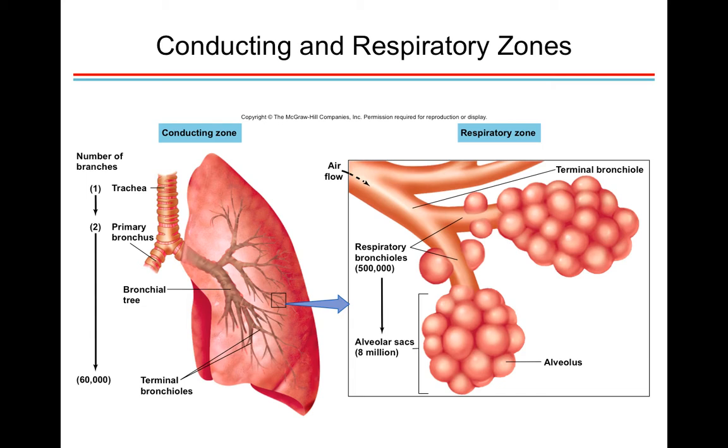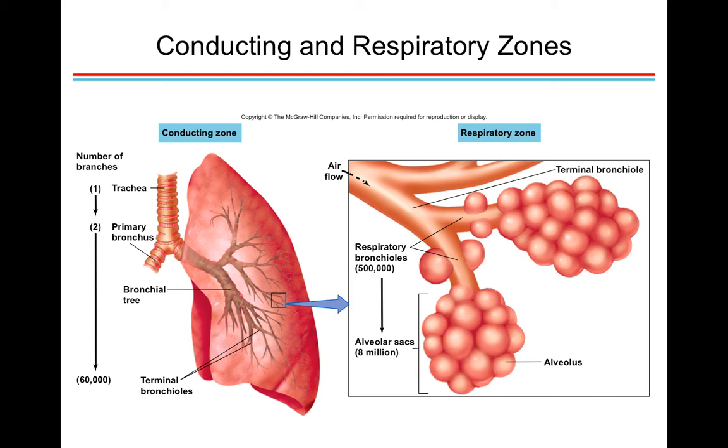And critically, there are two different zones that we have in the lungs, and we call these the conducting zone and respiratory zone. So the conducting zone transports air to the lungs. It warms, humidifies, filters, and cleans the air. In the conducting zone, we have mucus.